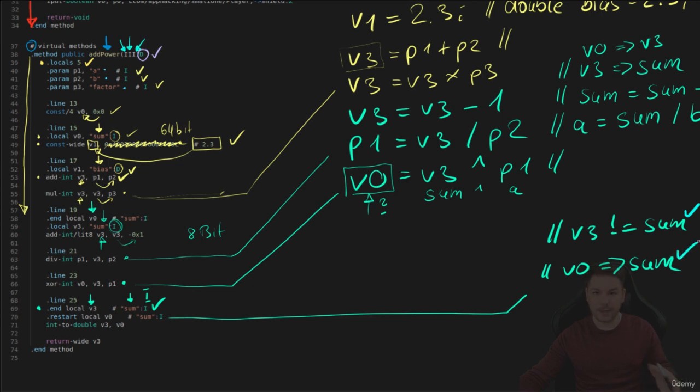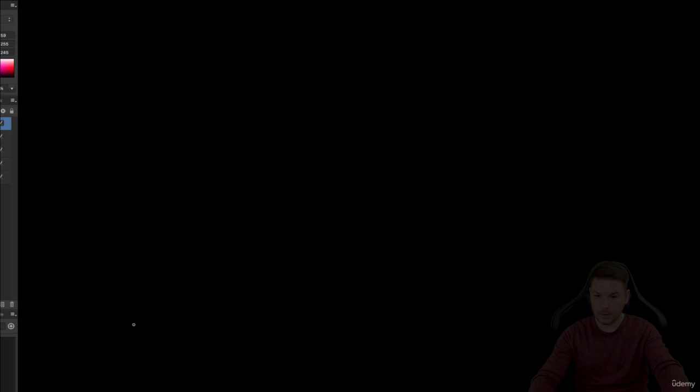But these are not real instructions, so we do not make progress within our code right now. Until we go into this one, because now we can see int to double v3 v0, okay. So let's check what int to double does. Int to double.